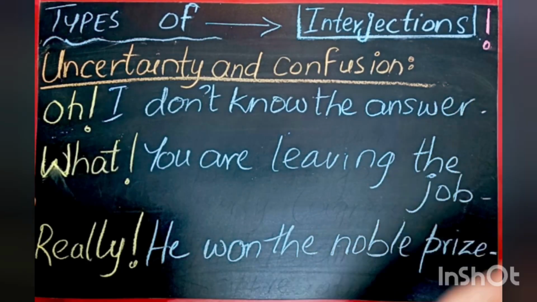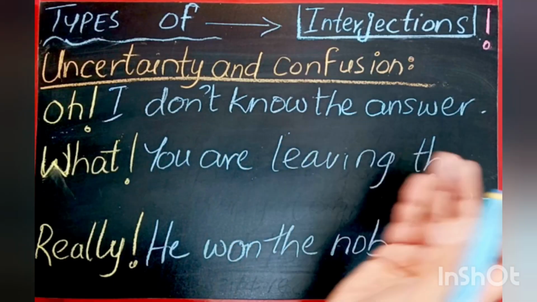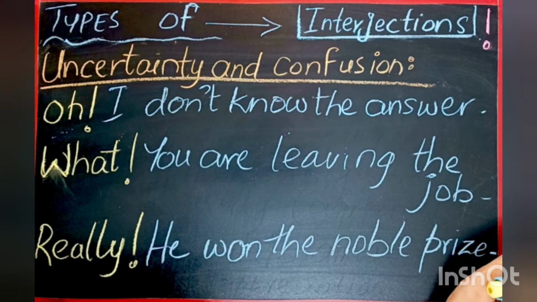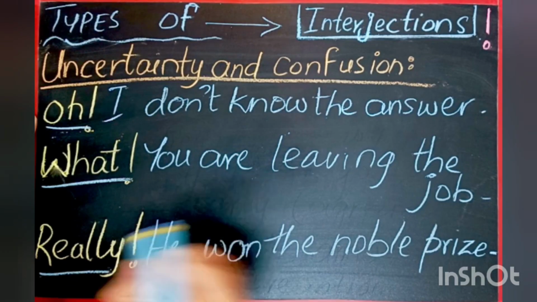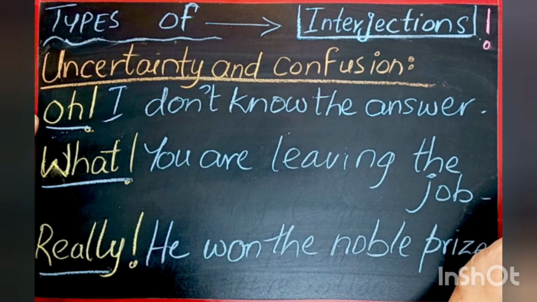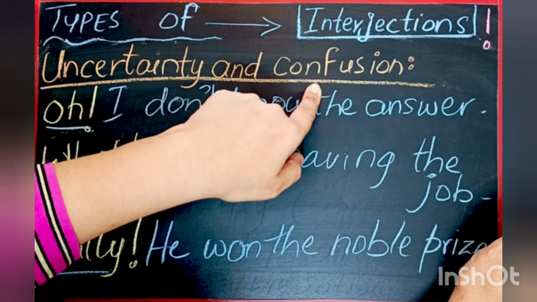Don't is the short form of do not. We can say, oh, I don't know the answer. Okay, so these three words are used for showing uncertainty and confusion.